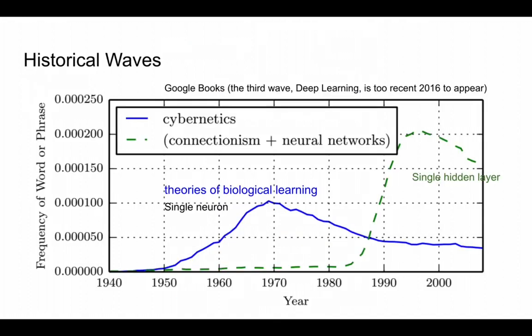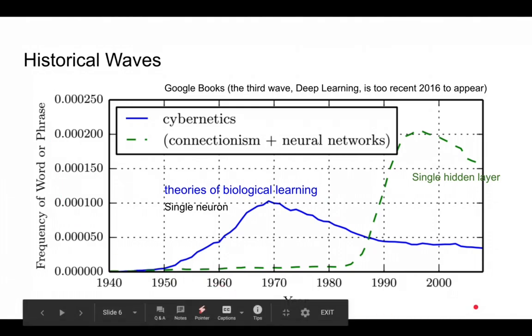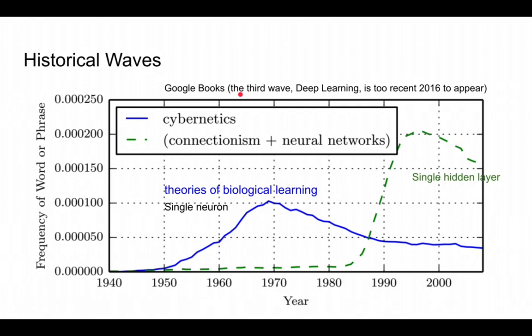There are 3 historical waves of machine learning development. Here is a plot based on the frequency of words or phrases being searched in the archive as a function of the years. The result is from Google Books.